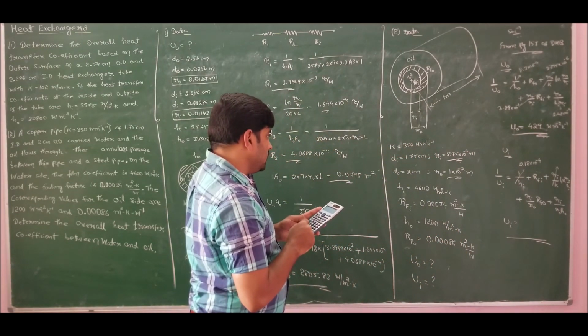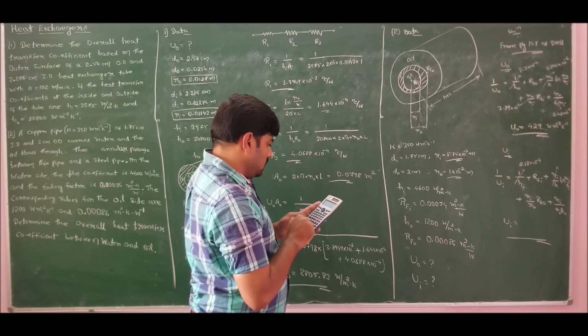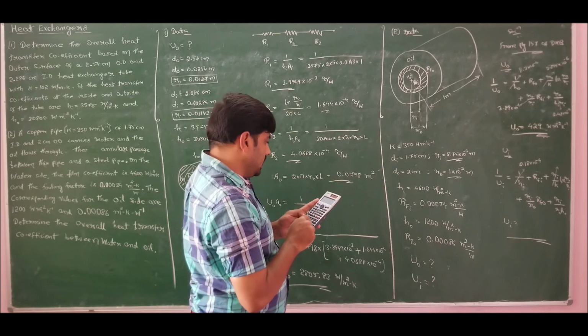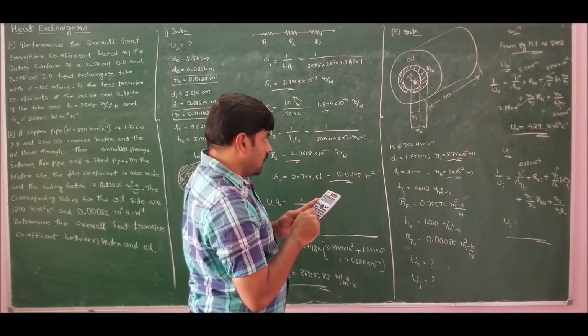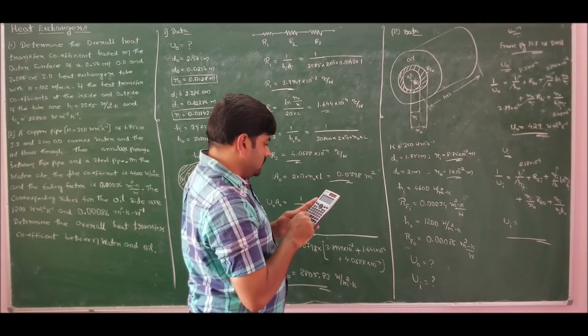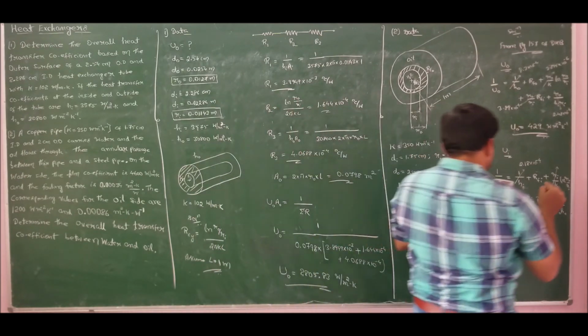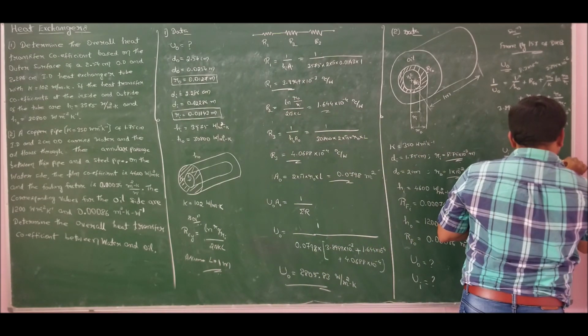Ri is 8.75 × 10^-3 divided by k, which is 350, multiplied by ln of Ro by Ri, that is 1 by 0.875, which is 3.34 × 10^-6.